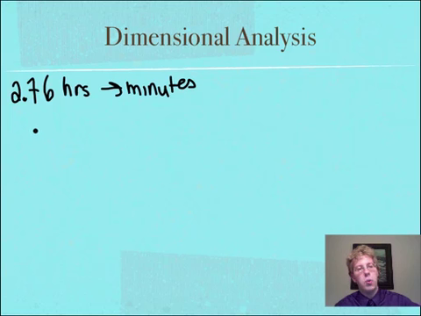And so when you do dimensional analysis, you always start by writing down what you know to begin with. And we're going to end with what we're trying to find. So I'm starting with 2.76 hours.